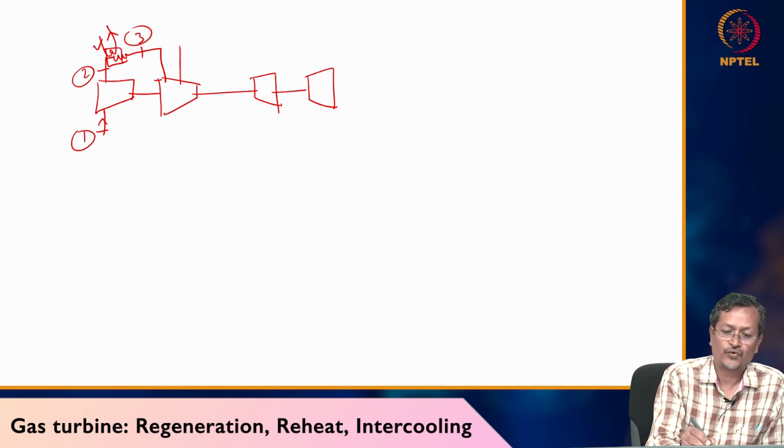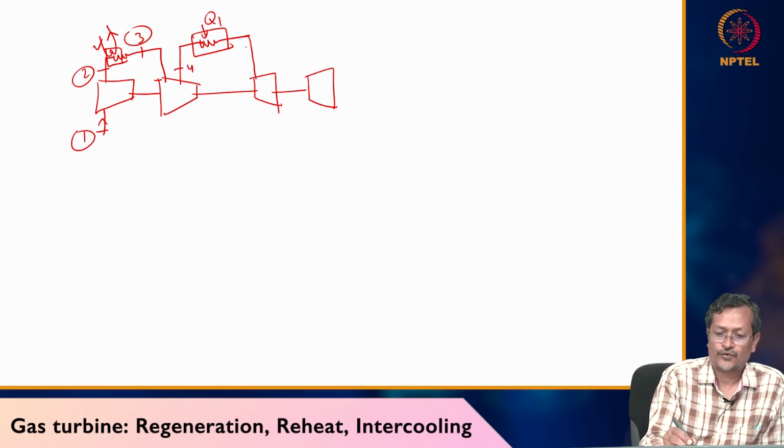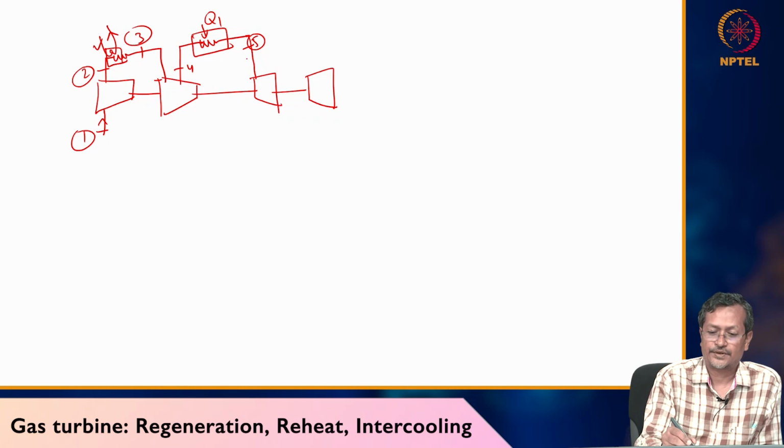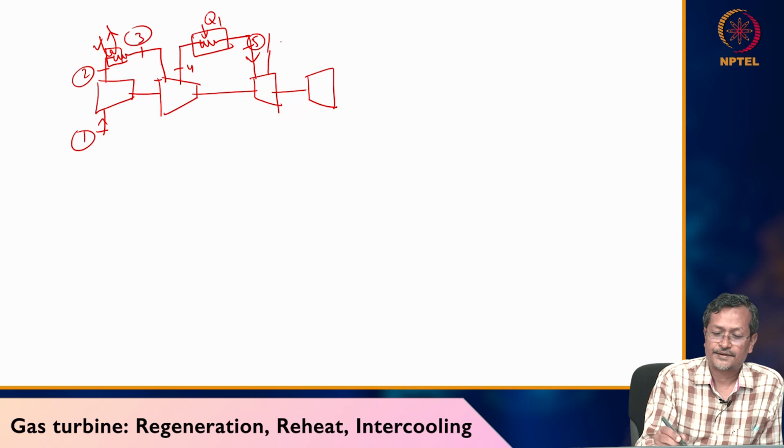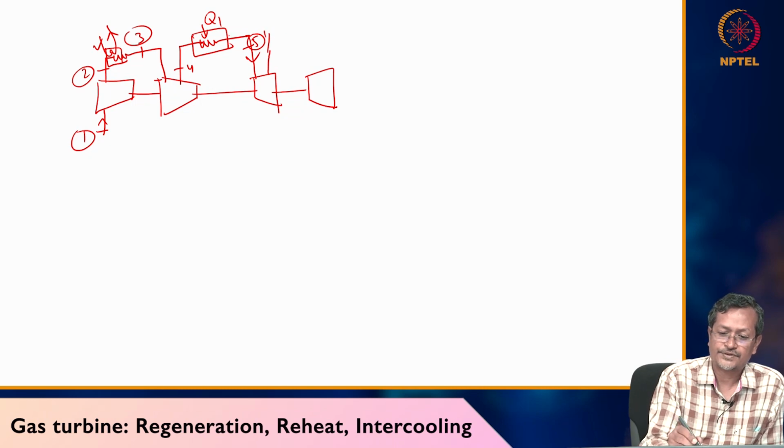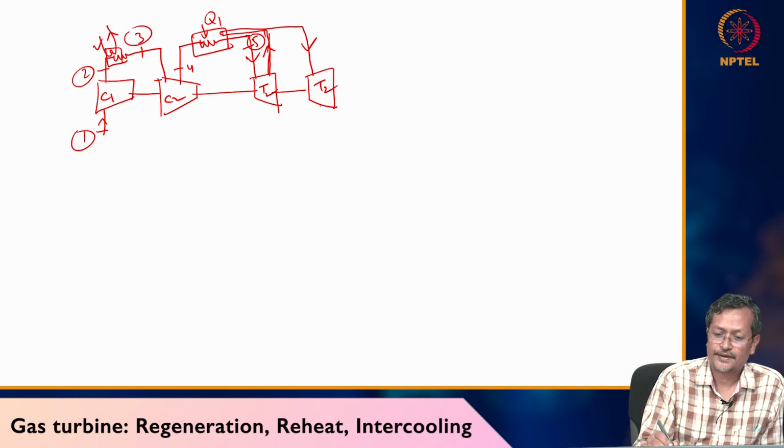Then 3 to 4 you have the combustion chamber, Q1 coming in, 4 to 5 is your heat addition process, and 5 to 6 again a reheating process happening. Okay, it will take heat, again go to turbine 2. C1, C2, T2, then going like this, coming here, then coming out.